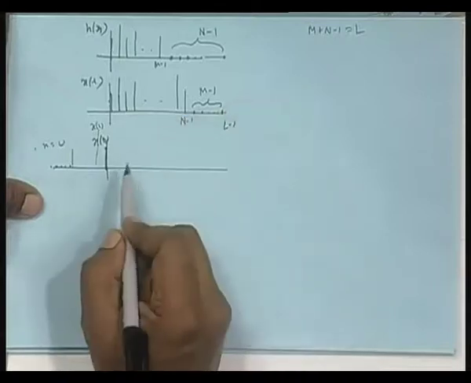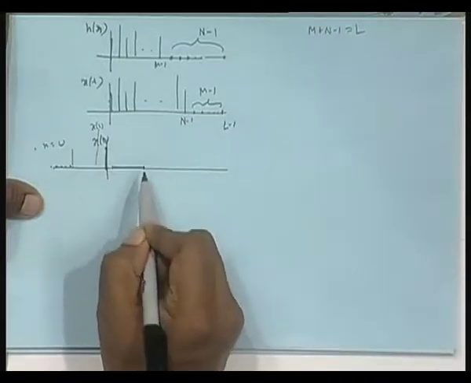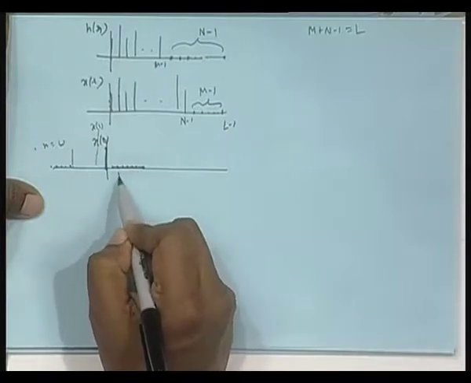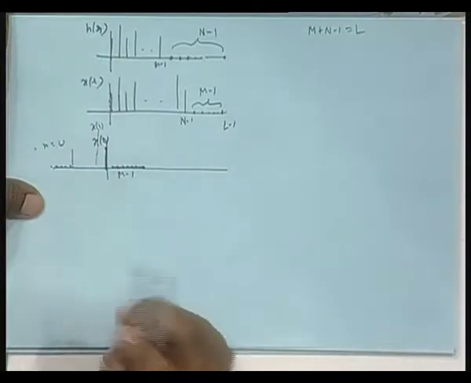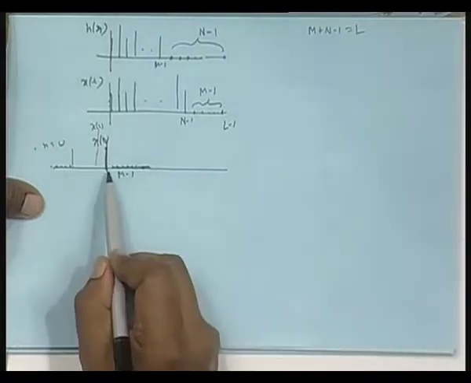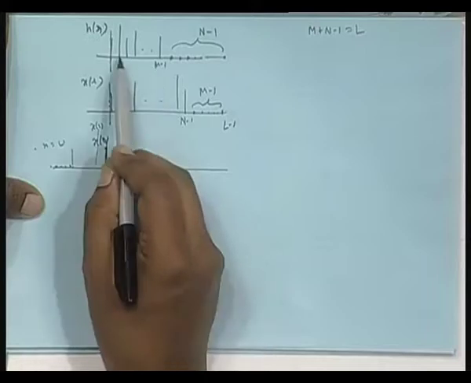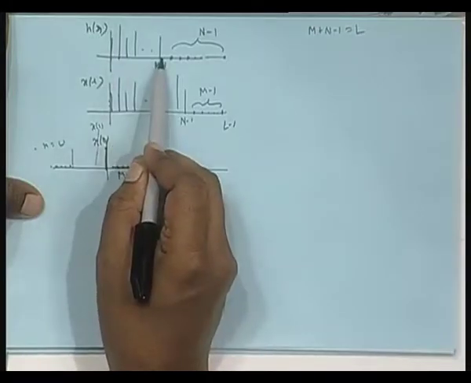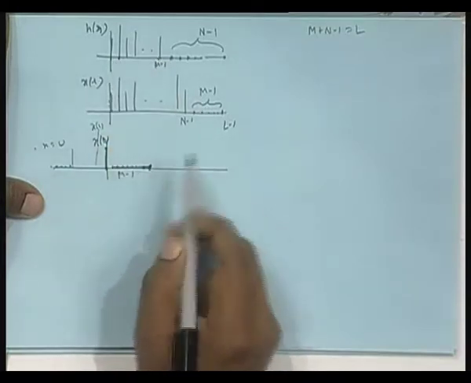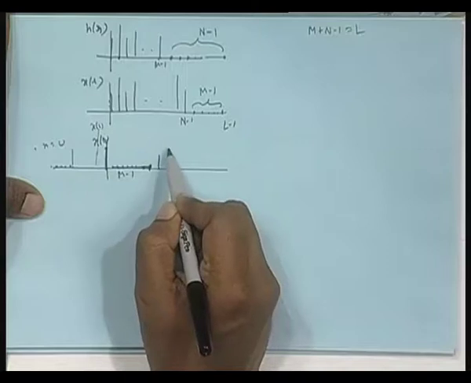So, this 0 pad of M minus 1 will be here. The 0 pad will coincide with this point, length is M, so it will coincide with that point, and then there will be some data.